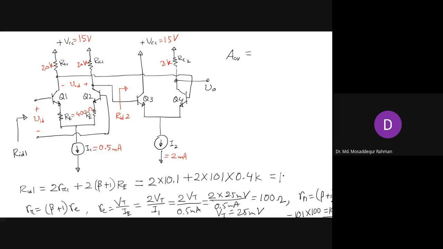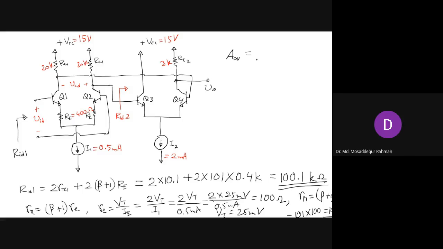Just 101 or you have something more? No, sir, just 101. Okay, so we get about 100 kilo ohm of input resistance, which is not bad, right? 100 kilo ohms of input resistance.